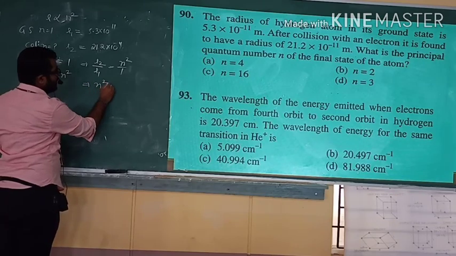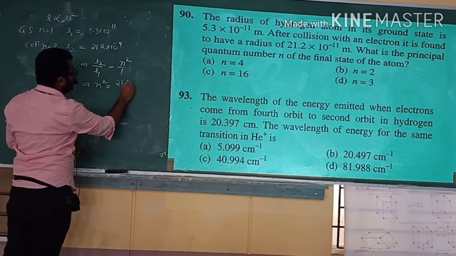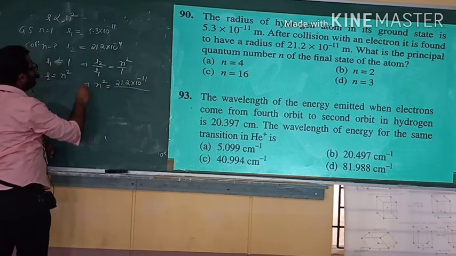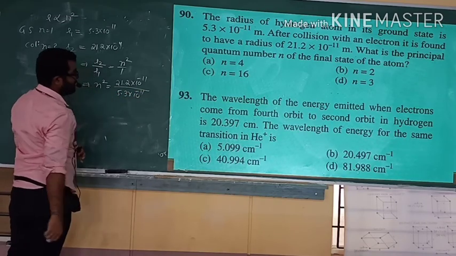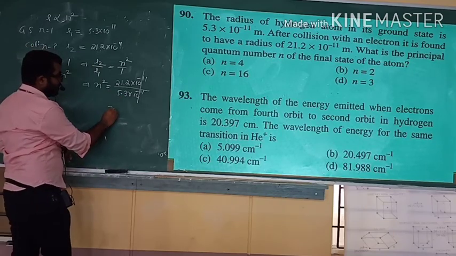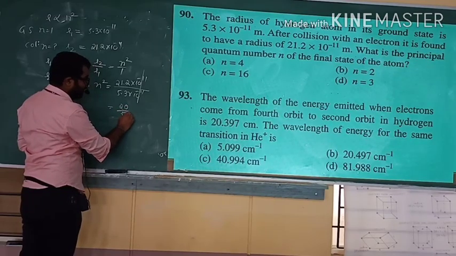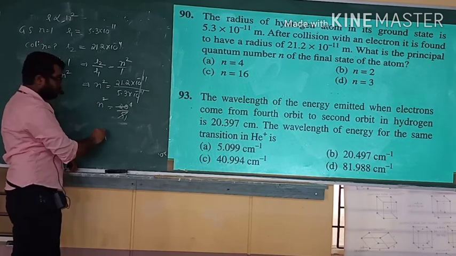This implies n square is equal to r2 value 21.2 into 10 to the power of minus 11 divided by r1 value 5.3 into 10 to the power of minus 11, ಕ್ಯಾನ್ಸಲ್ ಆಯ್ತು. ಇದನ್ನ ರಫ್ ಆಗಿ 5 ಅಂತ ತಗೊಳ್ತೀನಿ, ಇದನ್ನ 20 ಅಂತ ಮಾಡ್ತೀನಿ. It is 20 divided by 5, 5 fours are 20, n square is equal to 4 ಅಂತ.